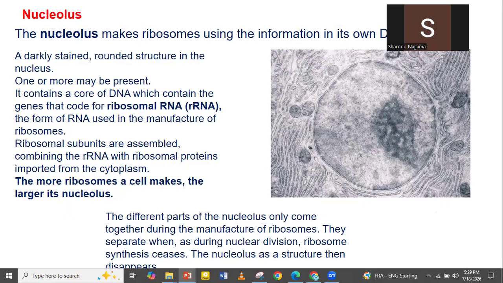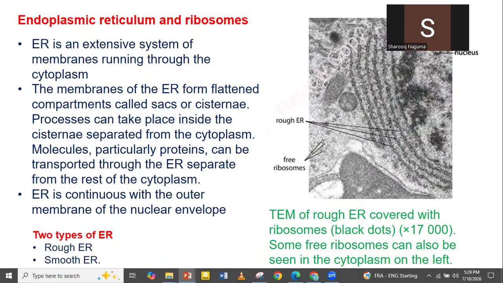Let's look at the other organelle, the endoplasmic reticulum. The endoplasmic reticulum is an extensive system of membranes, just membranes, but those membranes appear like flattened sacs. You can relate a flattened sac to a new polythene bag that has not yet been opened.